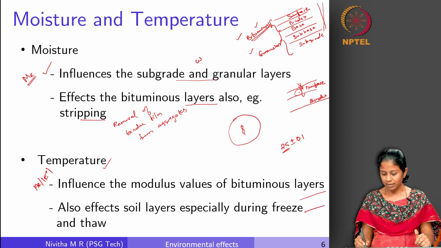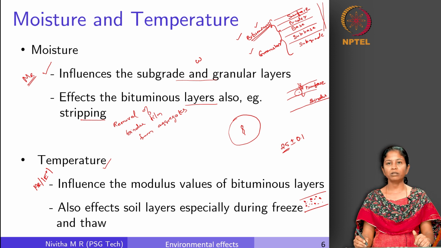Because there is water, let us say this is a soil system, right. There are voids present in the soil system, so water may be present in these voids. Depending upon the degree of saturation, there might be some amount of water inside these voids.